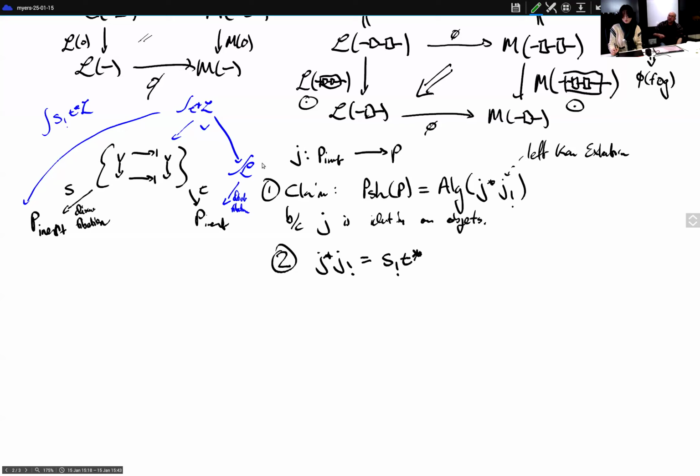So if you have a discrete fibration, post-composition by it corresponds to left Kan extension along it.